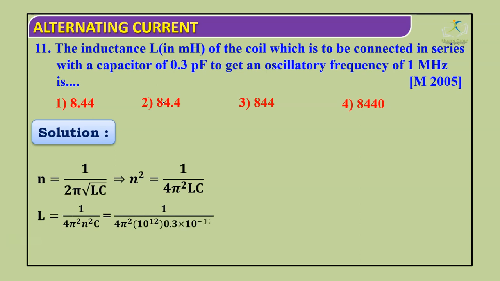So from here we can calculate the value of L, which is equal to 1 by 4 pi square n square C, where n is the frequency and C is the capacitance. So now put in all these given values and get the result, which comes to 84.4 millihenry. According to this, the correct option for this question is 2.